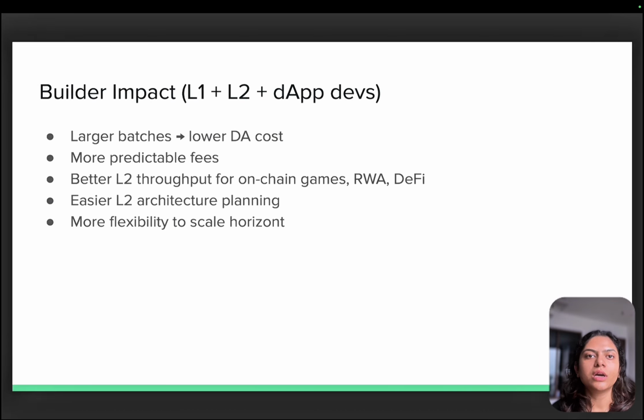If you are architecting a rollup or building a system that needs consistent DA, Fusaka gives you the stability you never had before. That is the impact on builders who build apps and dApps on L1 and L2.